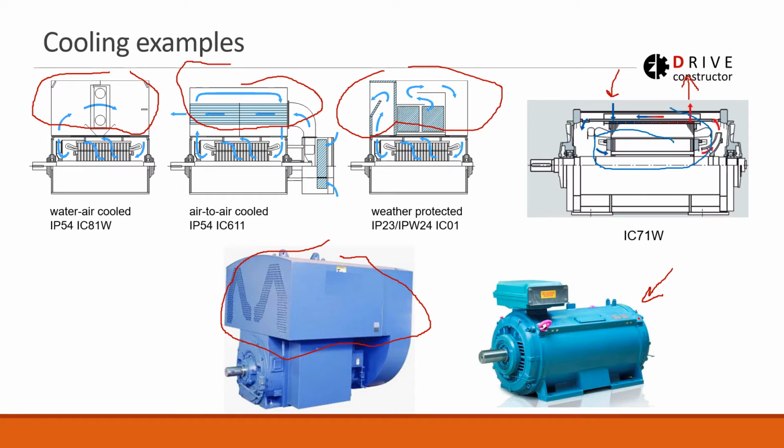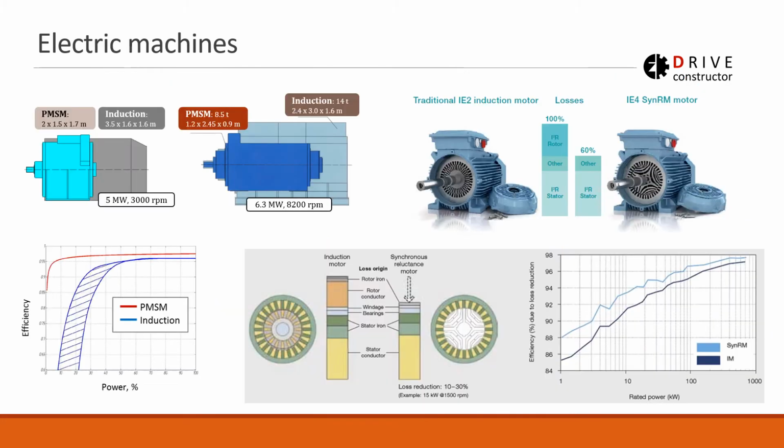So then this machine doesn't have a heat exchanger on top here, so it looks quite a bit smaller than the previous one, but that means the heat exchanger is somewhere else. It's another unit somewhere else which is bringing in cold liquid, cold water for example, and gets out hot one. So this was on cooling of electric machines.